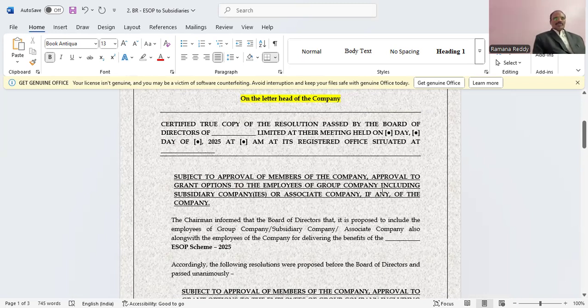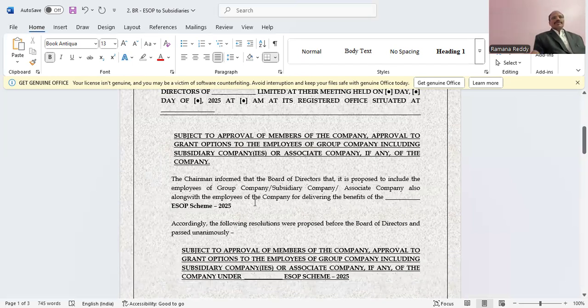First, the board has to pass the resolution. This is subject to approval because the board will approve it and it will recommend for members' approval. Subject to approval of the members of the company, approval to grant options to the employees of group companies, including subsidiary companies or associate companies, if any, of the company.